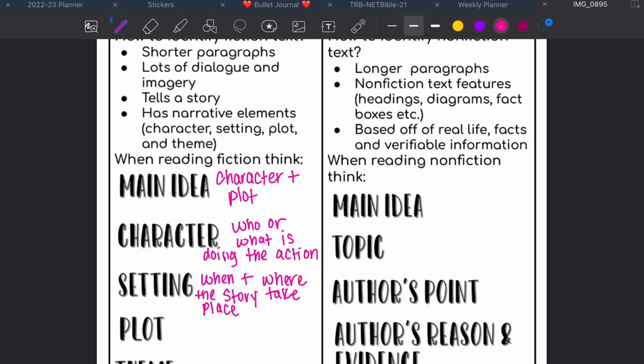Then we have our plot. Our plot is the action inside of the text. These are the events that are happening. So this is our beginning, middle, and end. This is our problem and solution. As we are thinking about our fiction text, we want to think about the plot.